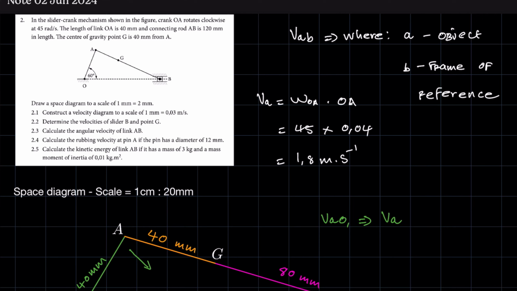So what I did was I took the velocity, its representation on the velocity diagram, I want to multiply it by 5. So essentially we say 1.8 times 5, and that's 9. So multiplying this by 5, getting 9 centimeters will be a representation of the velocity vector of 1.8 meters per second.